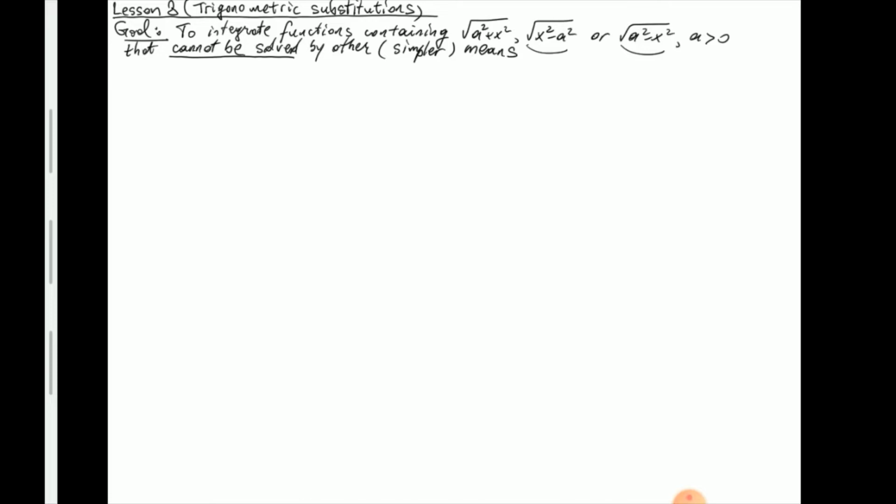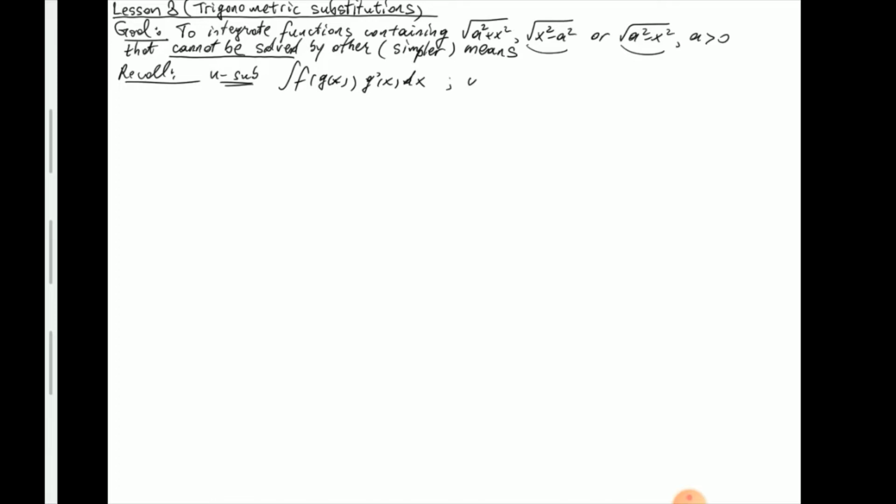Before we talk about the trigonometric substitution itself, let me point out that the U substitution that you know about is kind of the opposite way of doing the substitution compared to what we're going to do in this lesson. So let's recall briefly what we called in calculus U substitution. It was a method of integrating a function that looks like this: the composition of two functions times g prime of x, the derivative of the inner function.